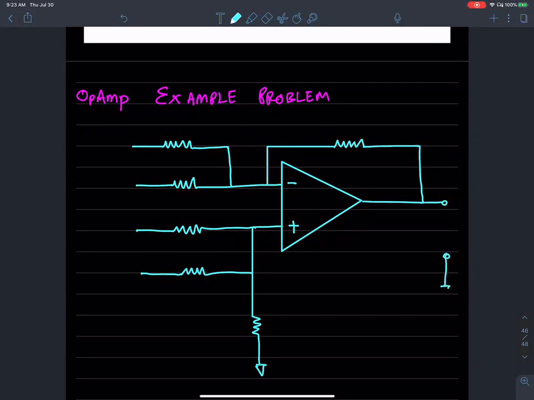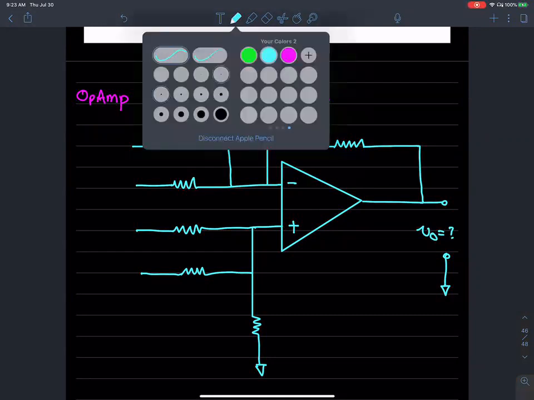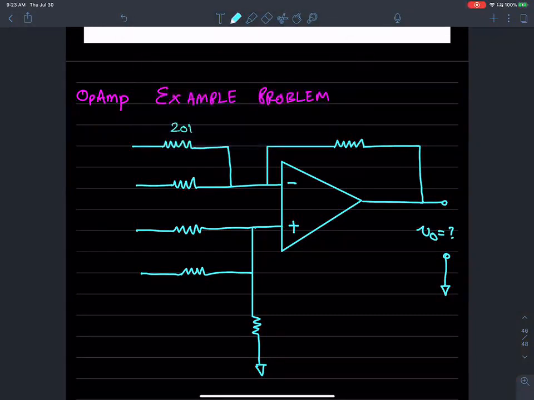So you're asked to find out Vo, and you're given numbers here. This is 20 kilo ohms, and then Va is up high. This is 18 kilo ohms. Vb is over here. This guy is 30 kilo ohms.